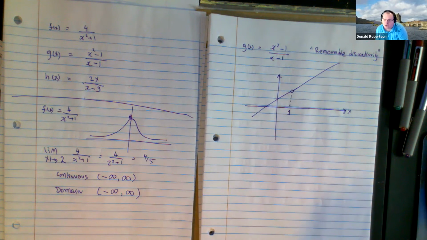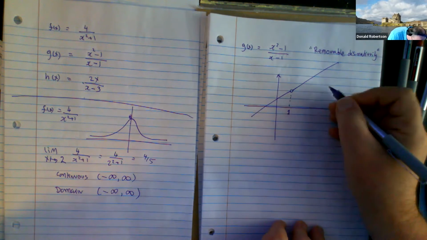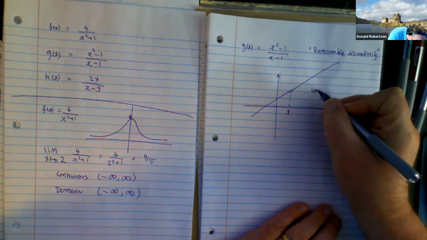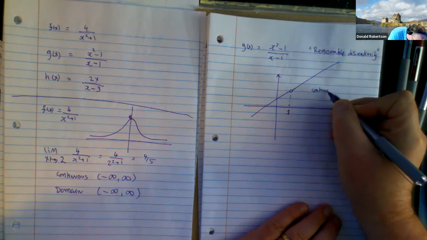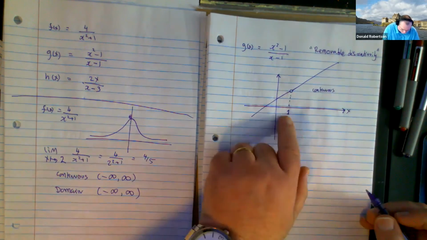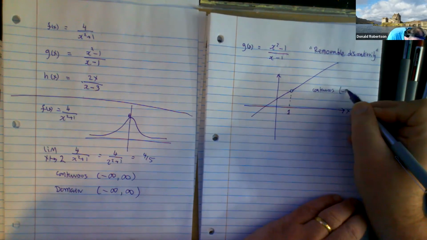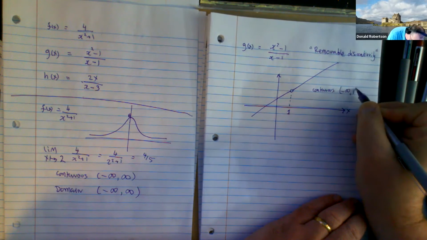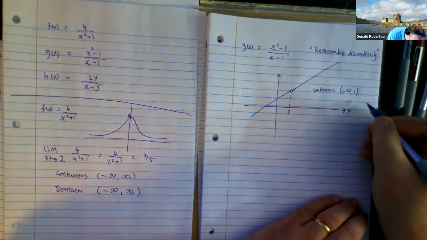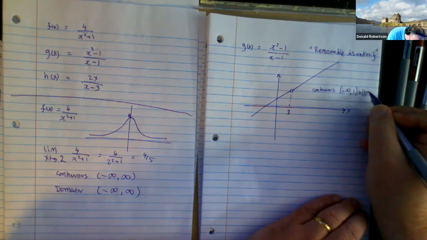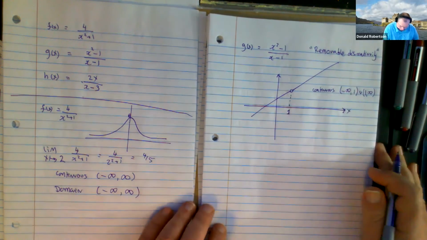And the third one was called an infinite discontinuity, right? A vertical asymptote. So in this case, this function is only continuous as long as it's not 1. And the way that you would write that down is negative infinity to 1 with a round bracket, union 1 to infinity.